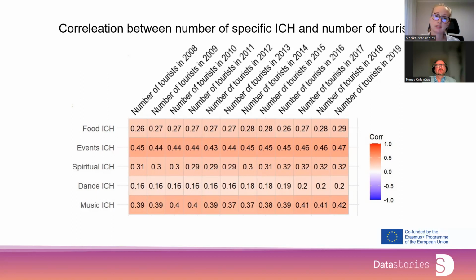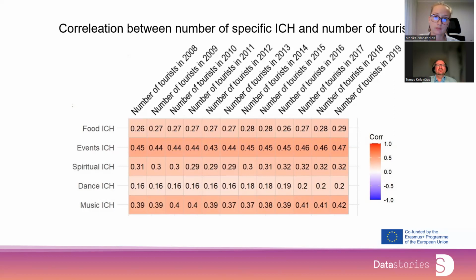So we can see that the events and music rows are brighter, so that means that the relation is stronger. And for example, dance shows a weak correlation because the color is very light.